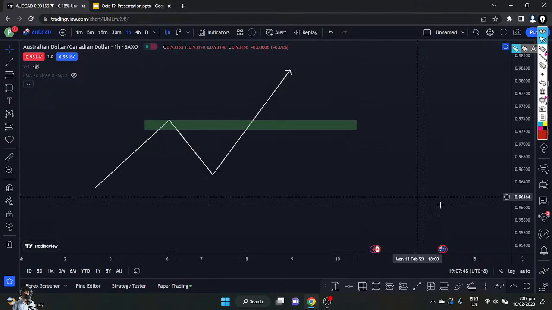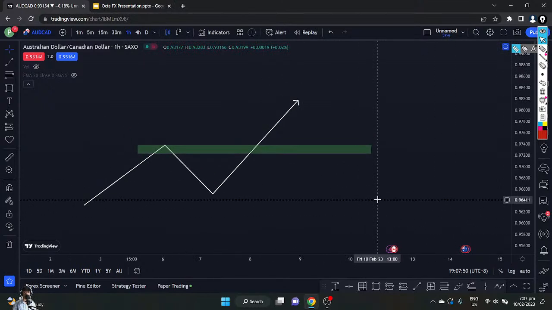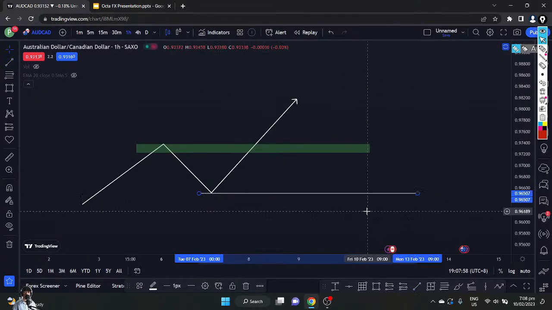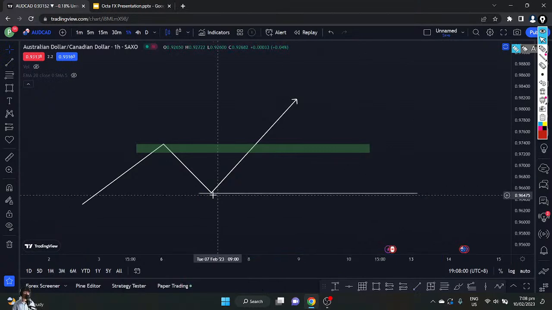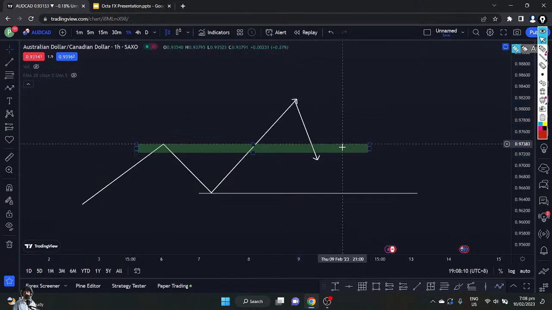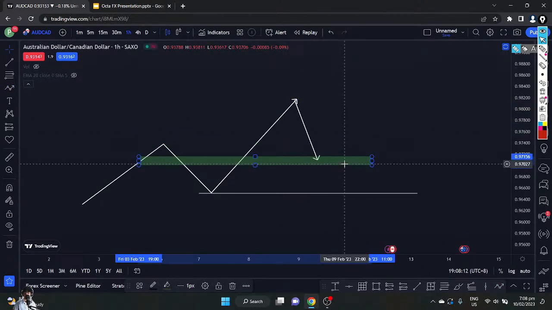But always remember that when trading the support and resistance levels, always look at the previous low that we have right here, the first higher low, which is our previous two, because as long as the price is above it, so let's just remove this one for now.